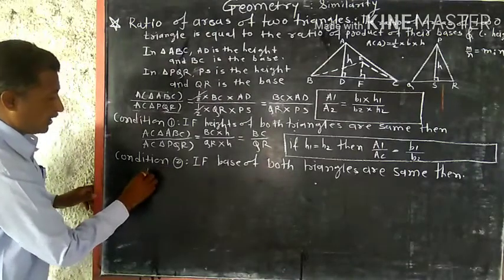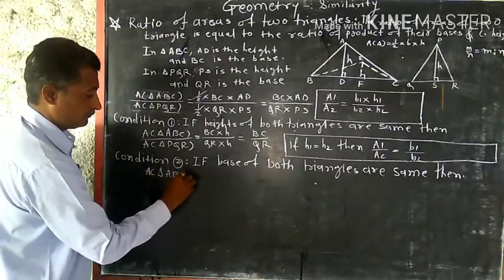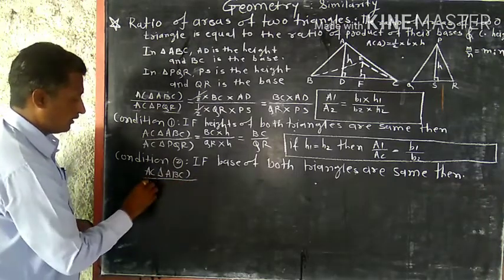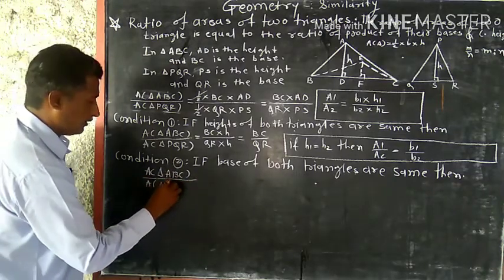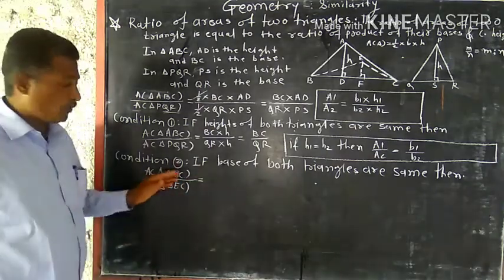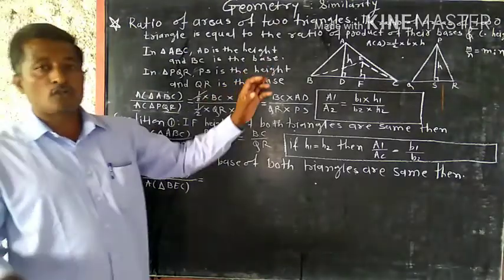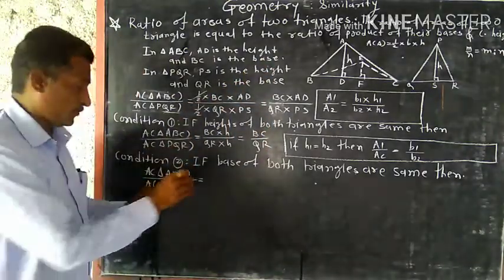Then the ratio of areas of two triangles, area of triangle ABC upon area of triangle BEC, is equal to the ratio of the product of their bases and corresponding heights.